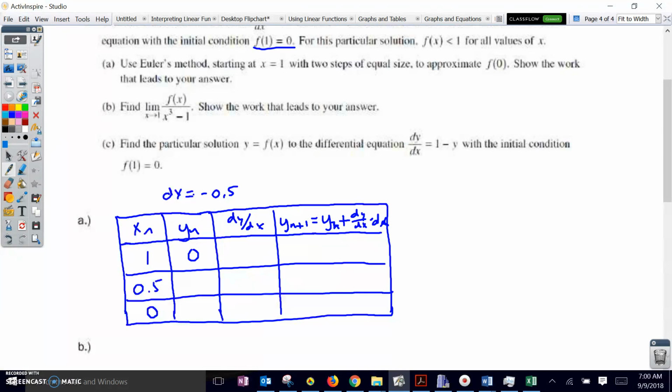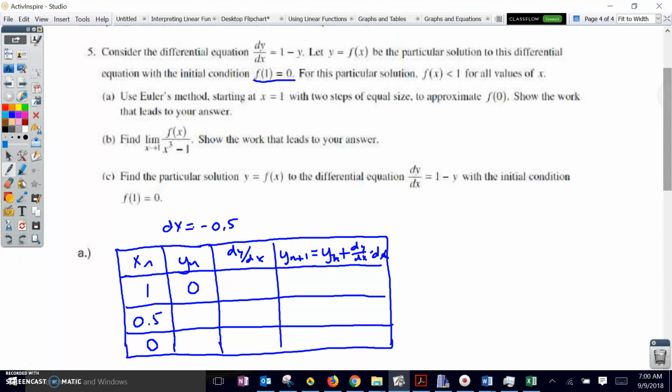And then in order to find my dy/dx, I'm given the initial differential equation that dy/dx is equal to 1 minus y. And so when y is 0, dy/dx is going to be 1.